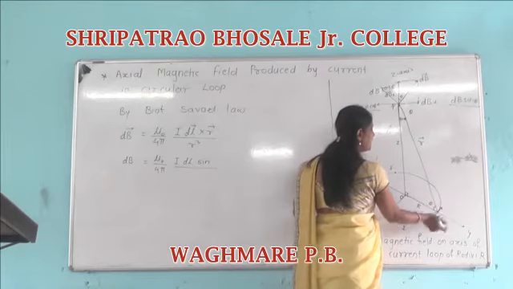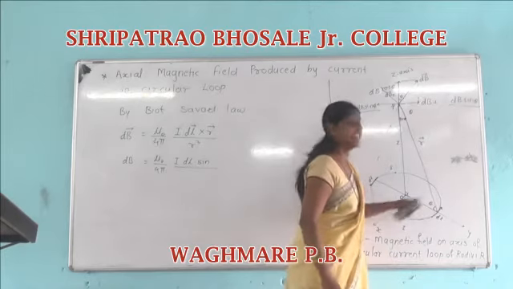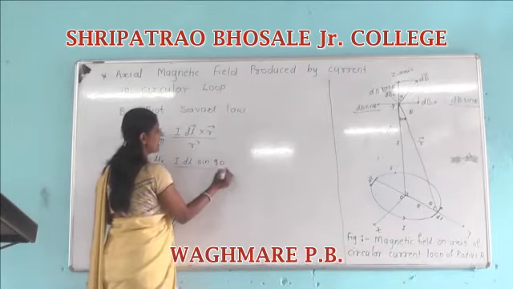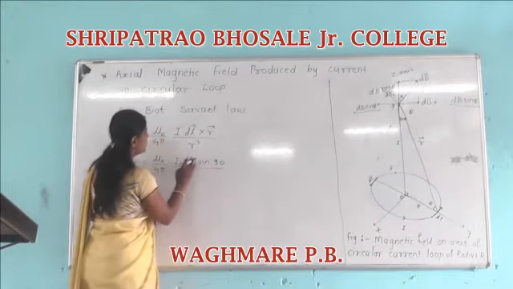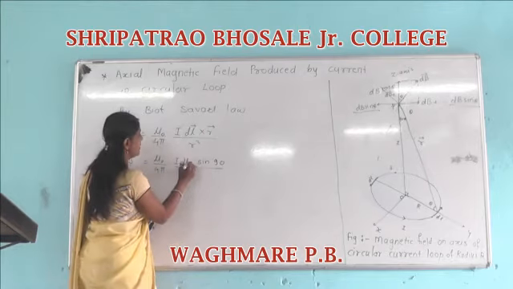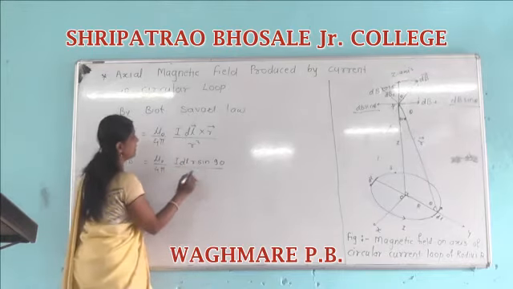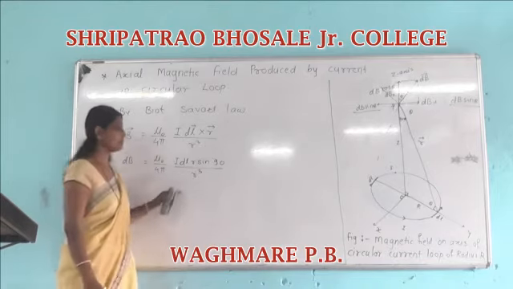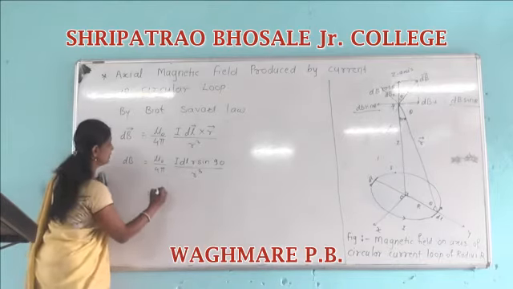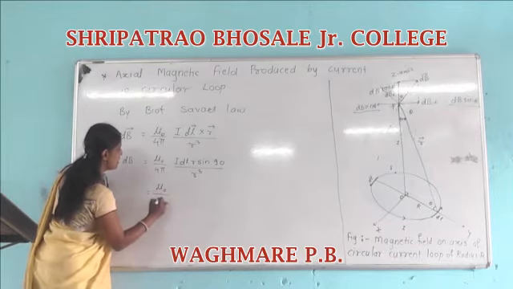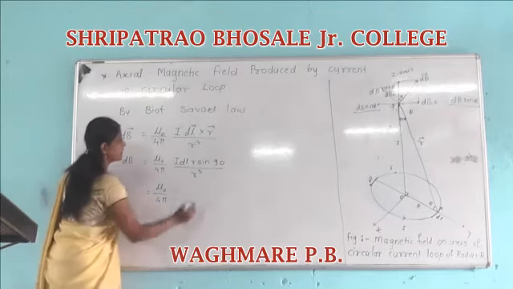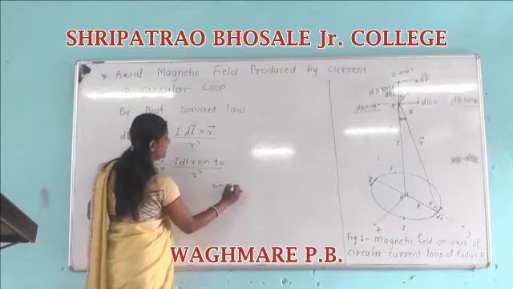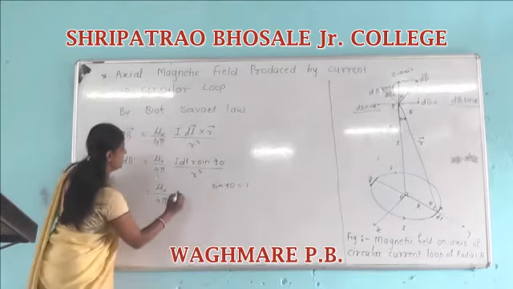Therefore, this angle is 90 degrees, so sin 90 is equal to 1.